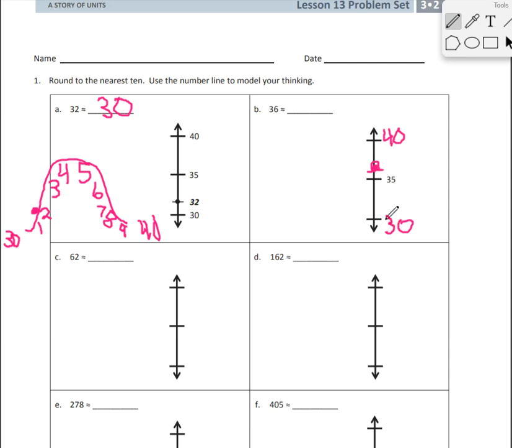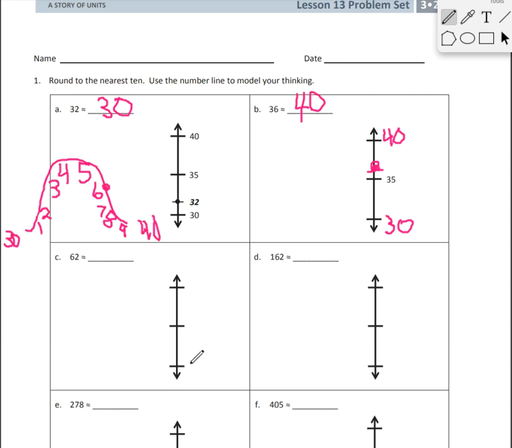I would have to take more steps to get over here than I would over here. It's about 40. Now, if we use our hill comparison again, this is where the 6 is. My 6 would take me rolling downhill. I would roll to the 40.